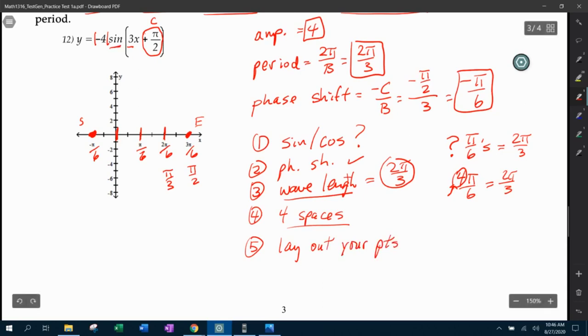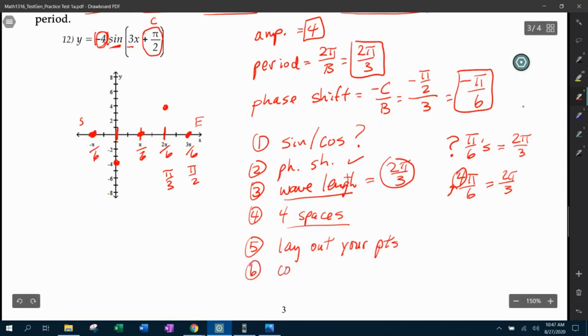Remember, we're starting on the x-axis, and the number in front originally was negative. So at the first hash mark, we're going to be at negative 4, and then we're going to return to the x-axis. At the next hash mark, we're going to be at positive 4, and then we return to the x-axis. So that's lay out your points.